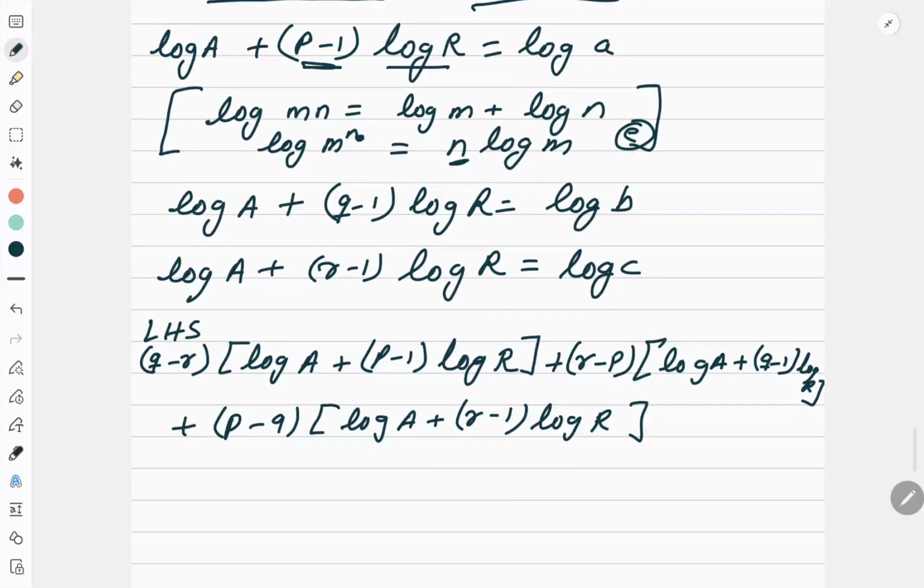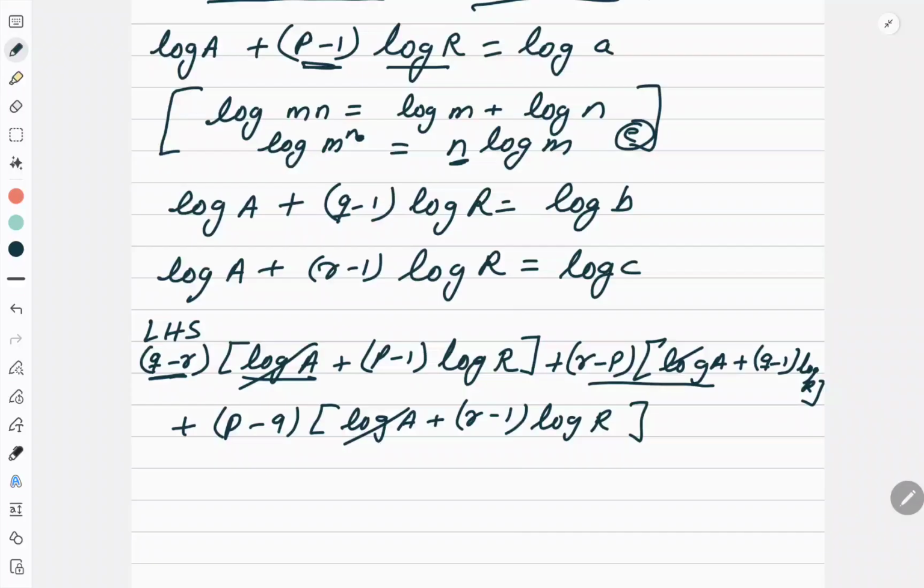It looks a lengthy thing, but when you open the bracket, easily you will get it. See now, when you open this, Q minus R log A, so Q log A minus R log A. Same thing when you open here, R log A minus P log A. Here plus P log A and minus Q log A. So all the log A terms will get cancelled. This will get cancelled, this will get cancelled, this will get cancelled.